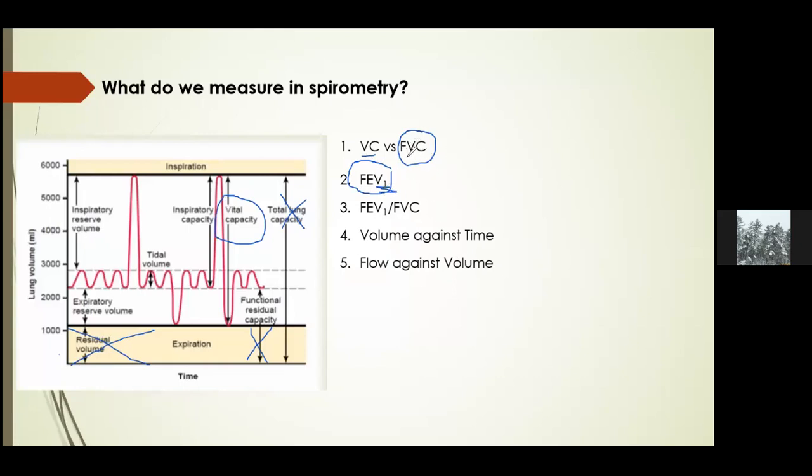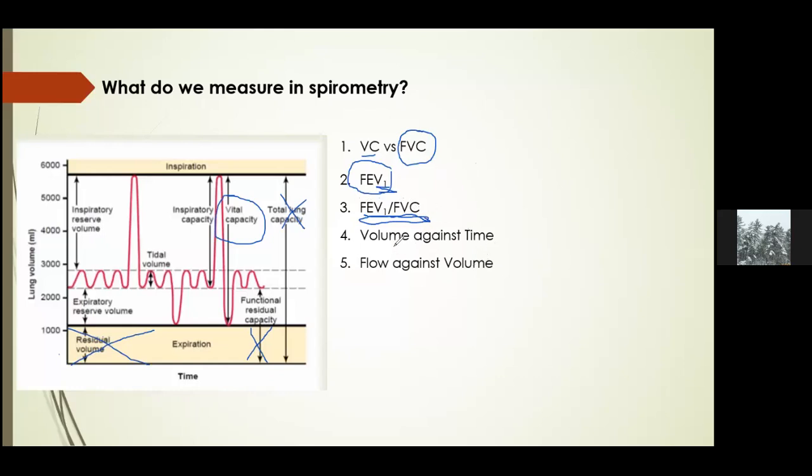Remember, FVC is vital capacity at the shortest period of time. So when we look at how much air you can forcefully remove within the first 1 second, and compare it to how much air you can forcefully remove from your lungs after maximum inhalation, it gives you a ratio. And this ratio can determine how effective or how good your lungs are working.